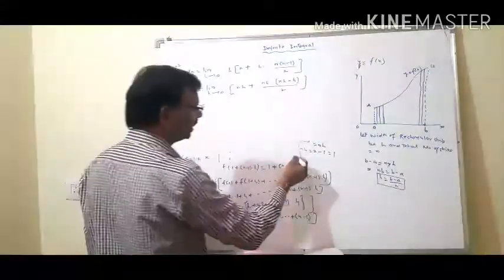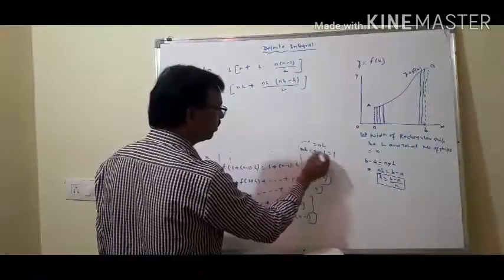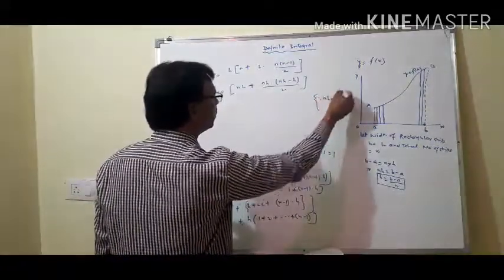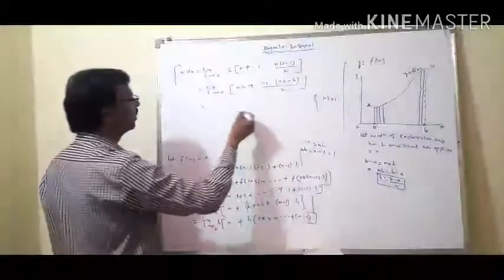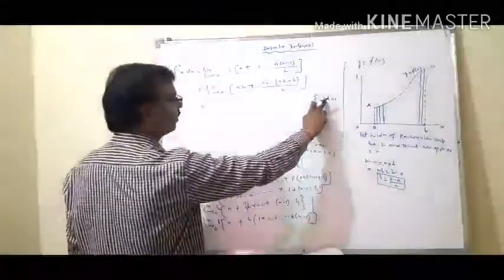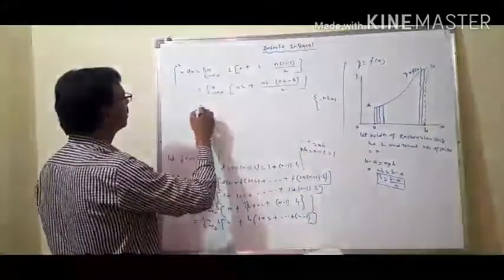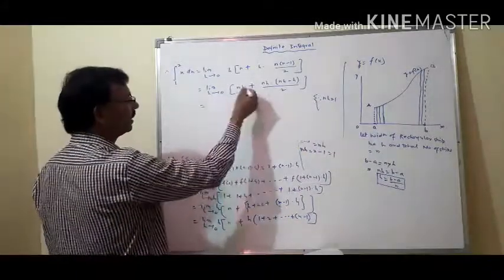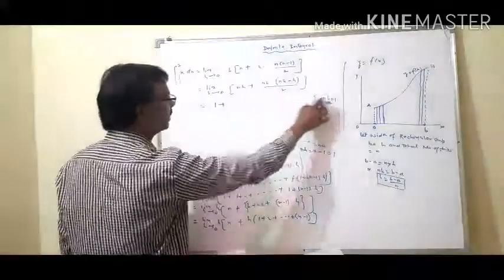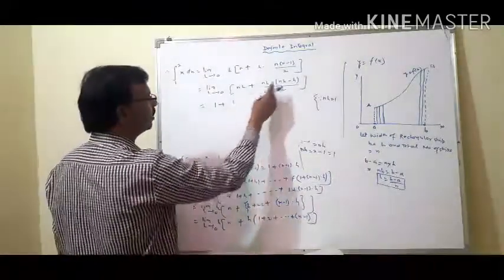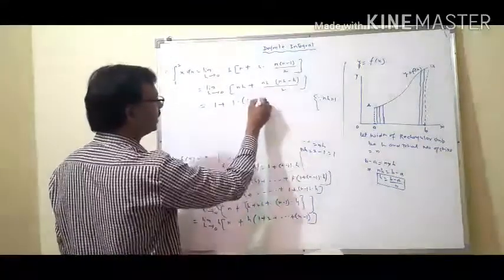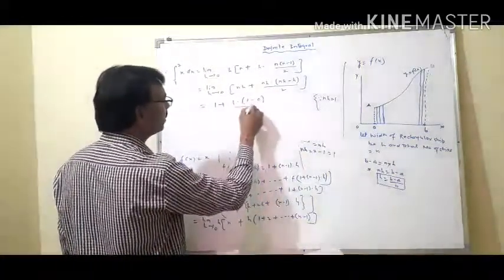As you see here, nh equal to 1. Putting the value of nh in this relation, this will be 1 plus 1 minus 0 whole upon 2, since h is 0.